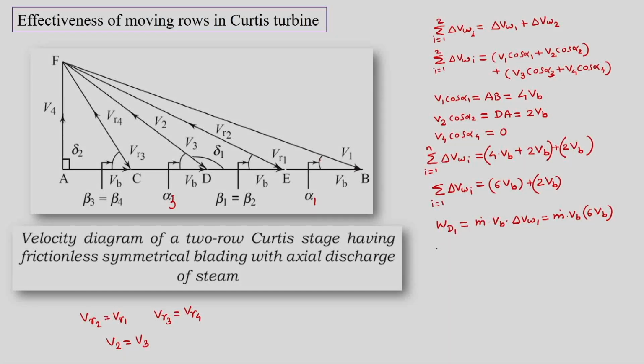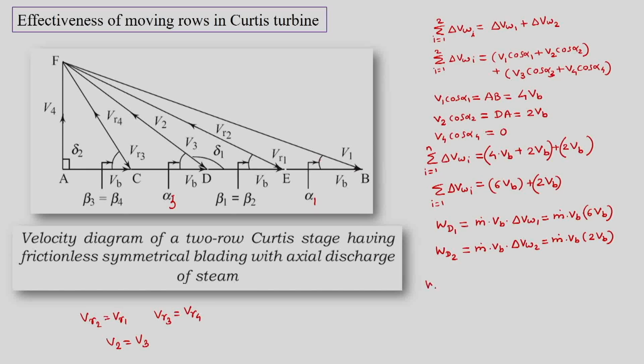For the second moving blade, or practically the second stage of the Curtis turbine, we will have m dot into Vb into delta Vw2, equal to m dot into Vb into twice Vb.